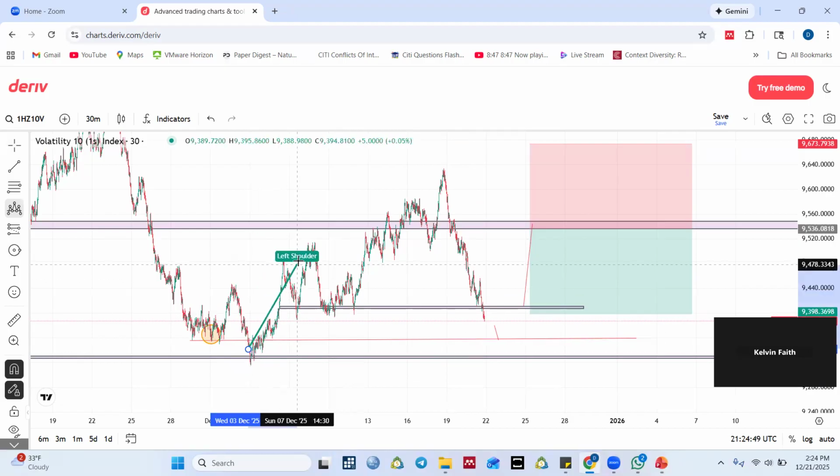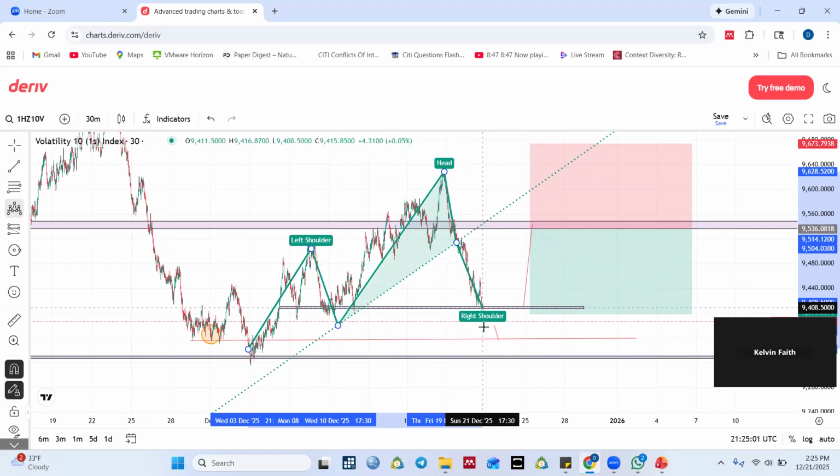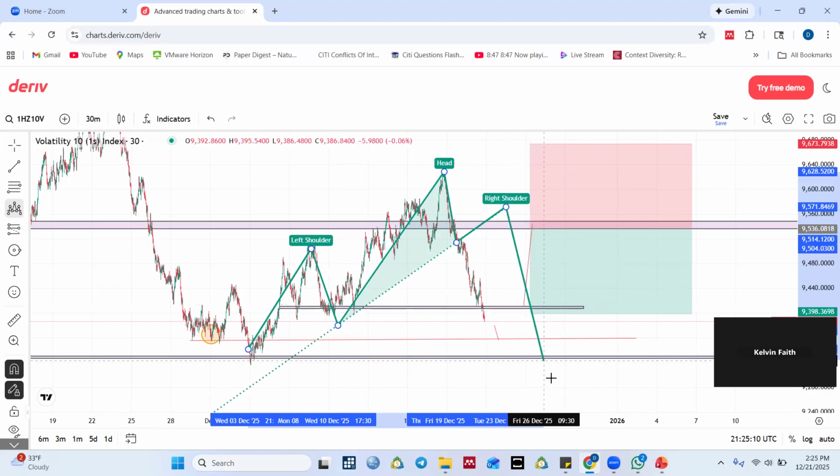From here, I can see a high, a low, something like a higher high. Price drops to take out this low, which is break of structure, kept going down. There should be an opportunity for price to come up to make a right shoulder. So I will expect that somewhere here before the bigger move.